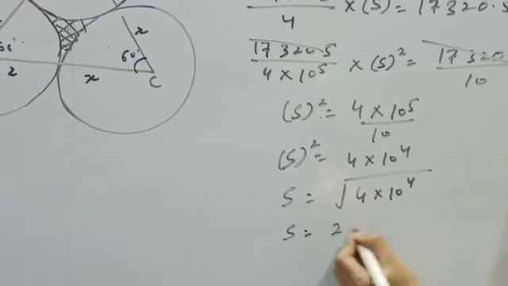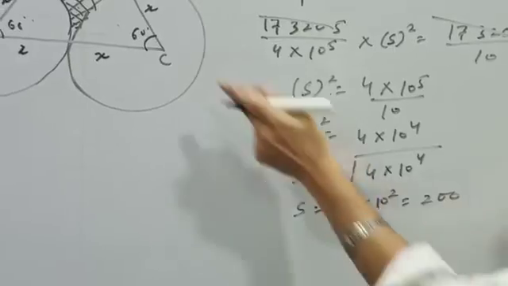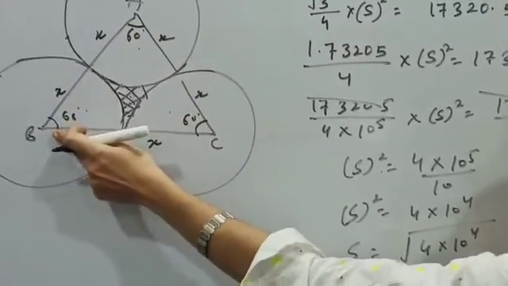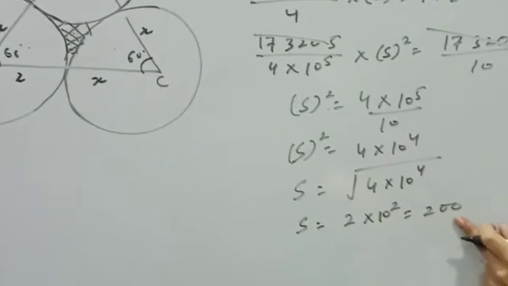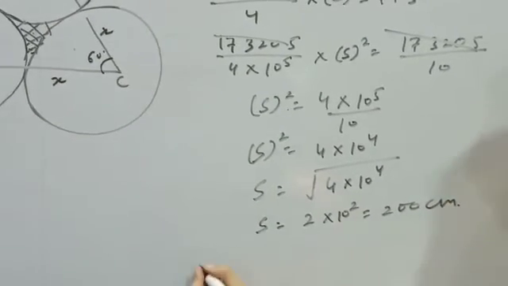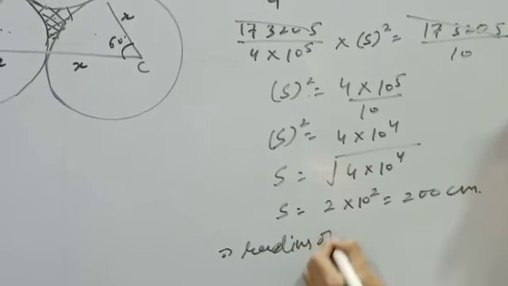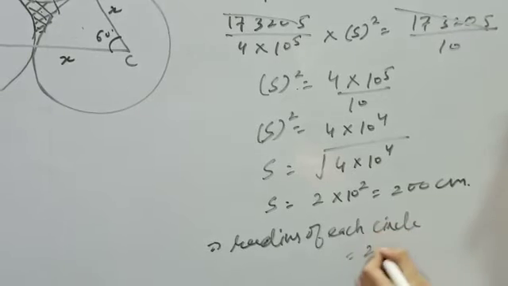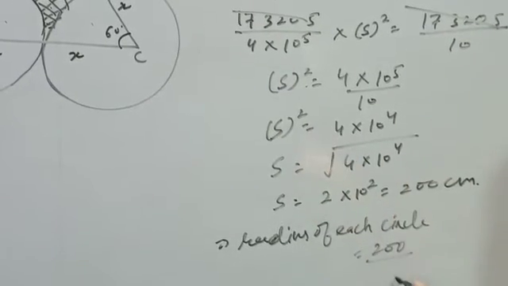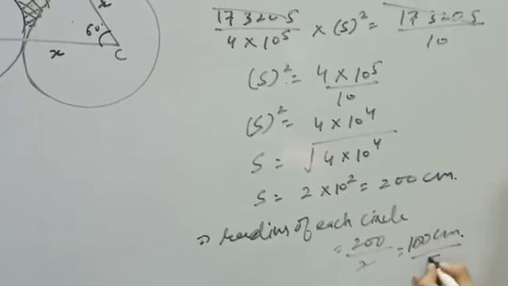So side becomes 2 into 10 square, which is equal to 200. So we can say the side which is 2x becomes 200 centimeter. So radius of each circle is equal to half of the side, which is equal to 100 centimeter.